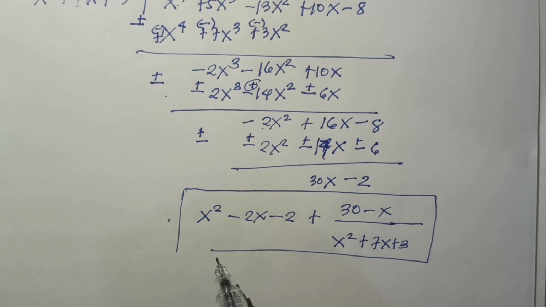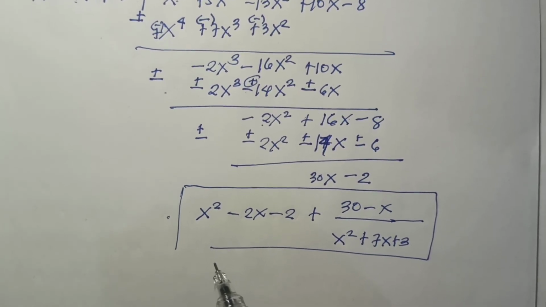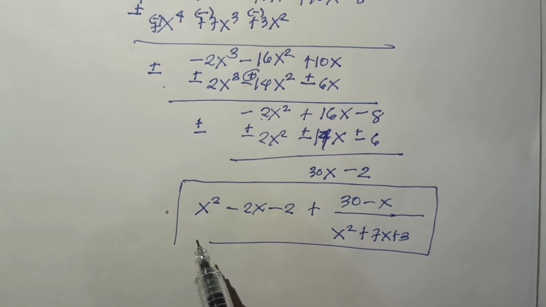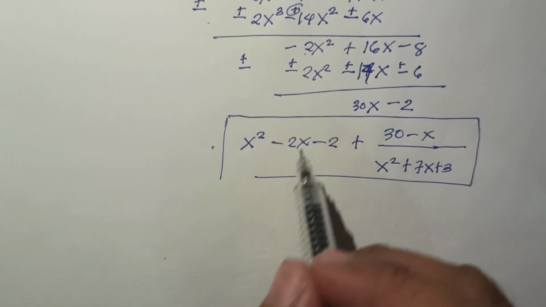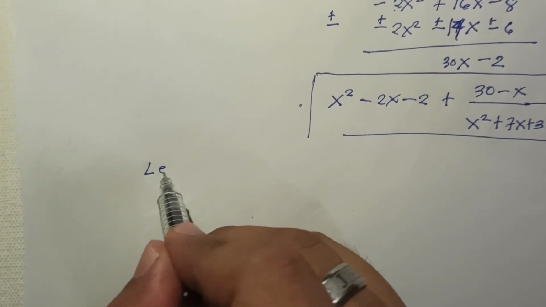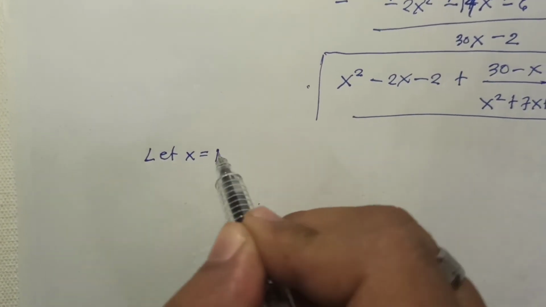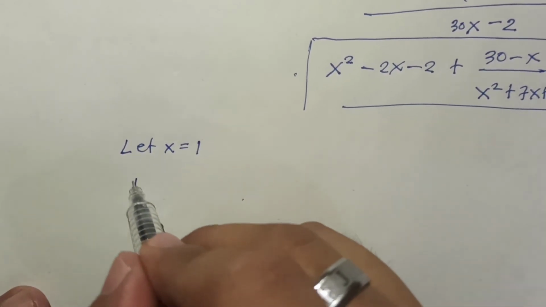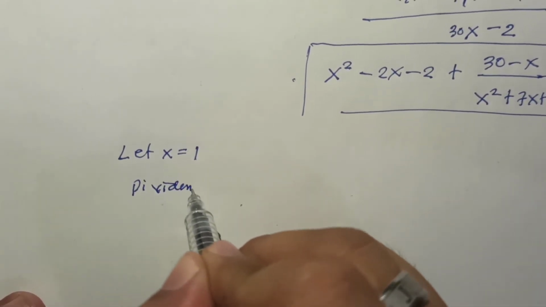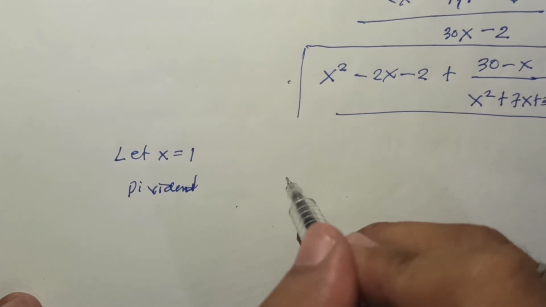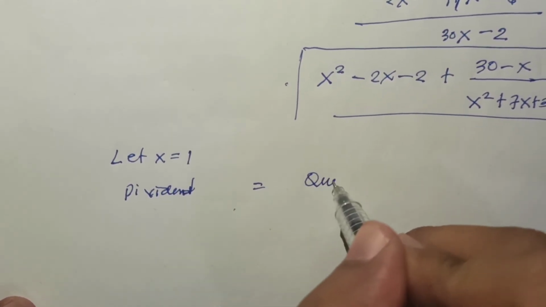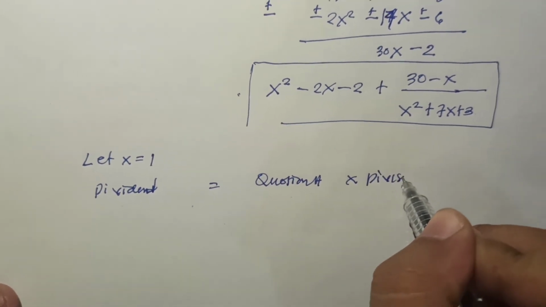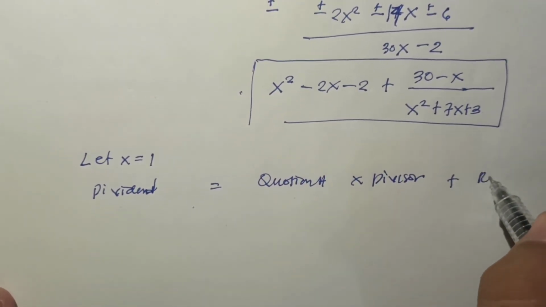In this case, we could check. Let x be equal to 1. We need to substitute because dividend is equal to the quotient times the divisor plus the remainder.